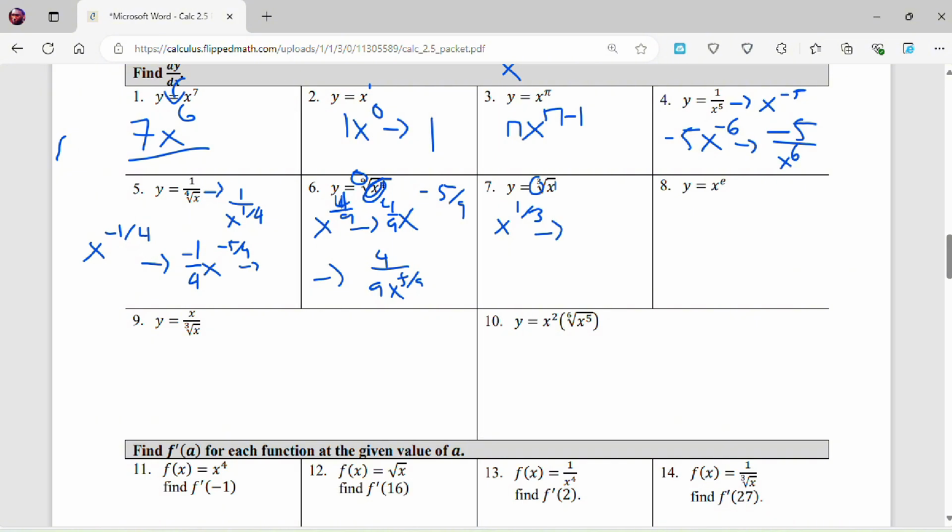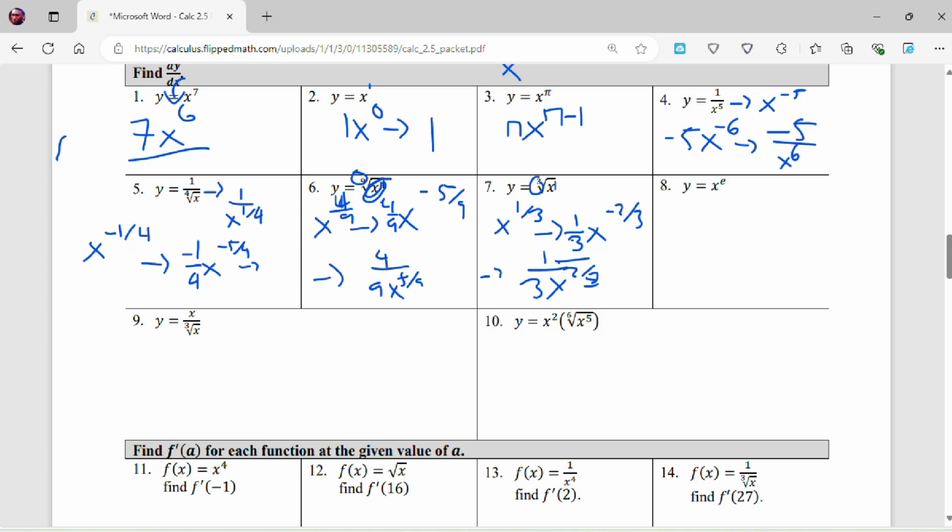Now that it's in exponential form, we can do the, not product rule, that's later, power rule. Let's move the 1/3 to the front, x, and then 1/3 minus 1 is negative 2 over 3. And then the final answer is going to be 1 over 3 times x to the negative 2 over 3. A little bit sloppy, but you get the idea.